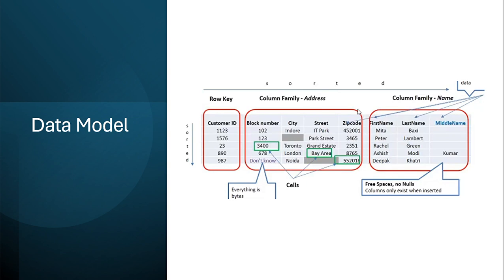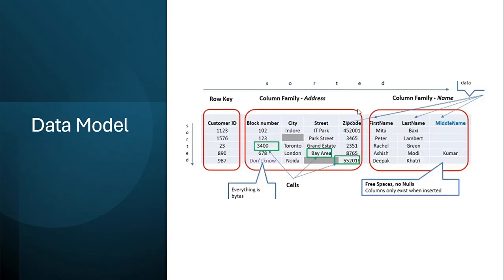The column qualifiers I don't have to specify while creating the tables. I need to specify only column families while table creation. So the number of column qualifiers is dynamic at runtime. We can add as many qualifiers as we want.